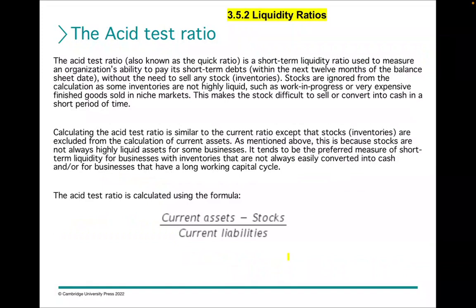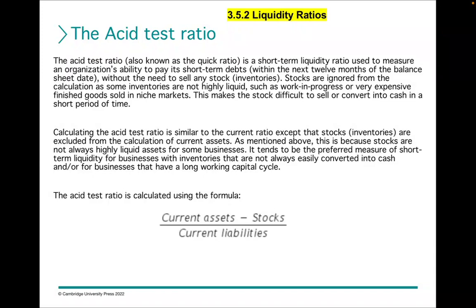The acid test ratio, as you can see at the bottom, is current assets minus stocks. It's a bit more strict than the previous ratio because the previous one included stocks, and this is saying no, take stocks out because it's not coming.